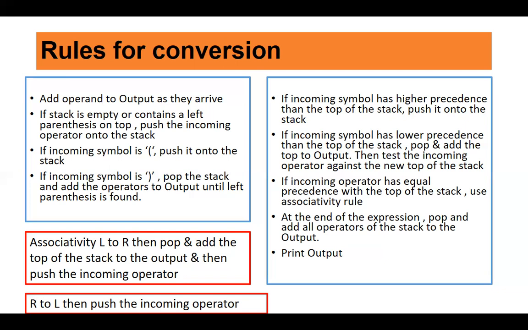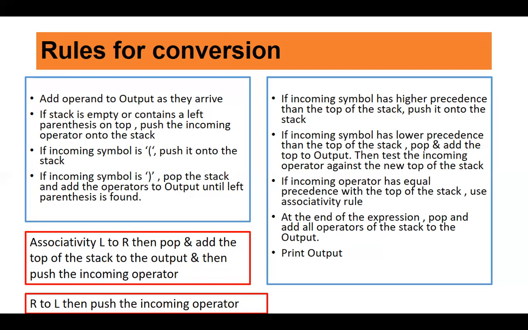Suppose the incoming operator is plus, and on the stack you have multiplication. The star operator has higher precedence than the plus operator. Star is in the stack, plus is incoming, so the incoming precedence is less than the in-stack precedence. So pop out that star, add it to the output, and push that plus onto the stack.